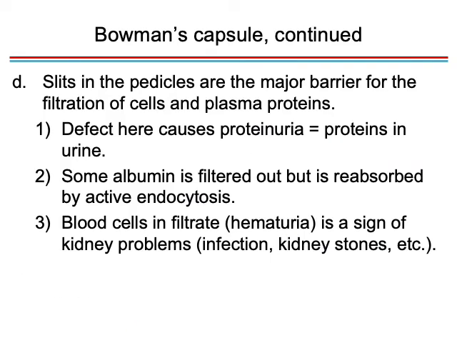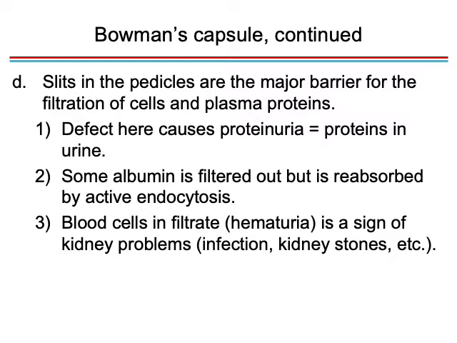Okay, so again, the combination of the fenestrae, the holes in the capillaries, and the slits within Bowman's capsule help regulate how much water moves in and how much salts and others move in.